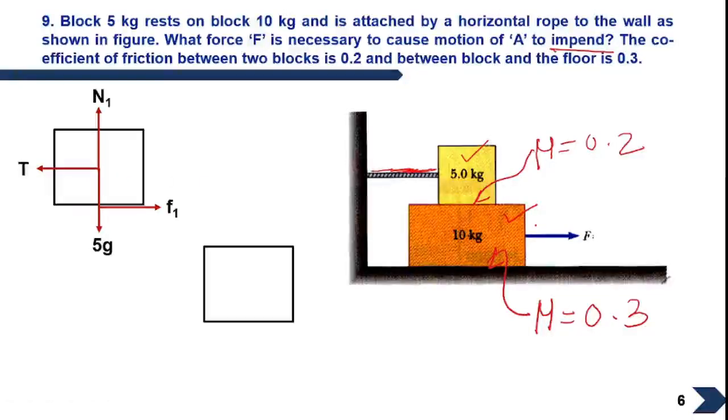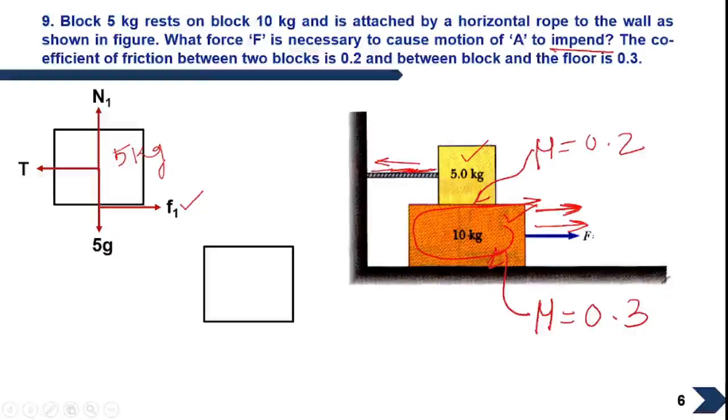Since we are pulling the 10 kg block, this block will try to move in this direction, and the block above will resist. Hence this block will experience friction in this direction. Because the 5 kg block will not move, it will experience friction in this direction, and hence we got a friction here.